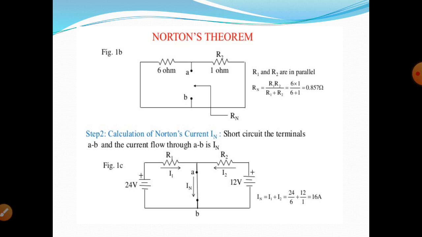I1 is equal to V by R. In the I1 circuit, V1 is 24 and R1 is equal to 6 ohm, so 24 divided by 6. And in the I2 network, I2 is equal to the voltage source 12 volt over the resistance 1 ohm. We find the values of I1 and I2 and add these two values, so finally we get the value of IN equal to I1 plus I2 equal to 16 amps.